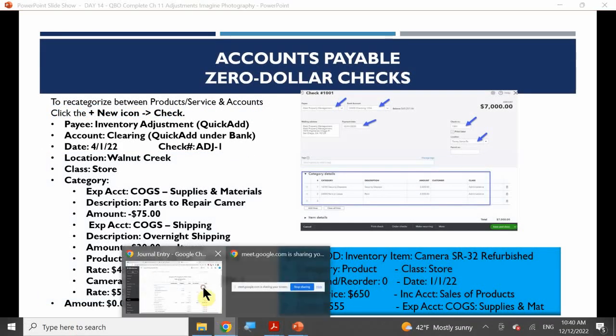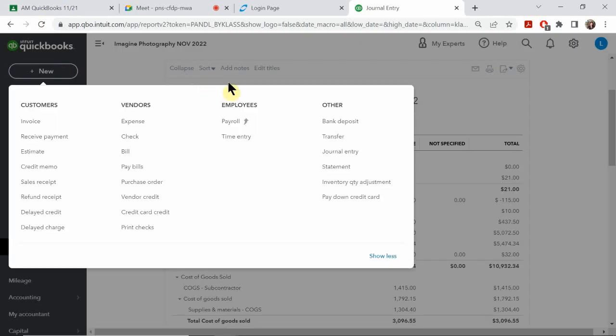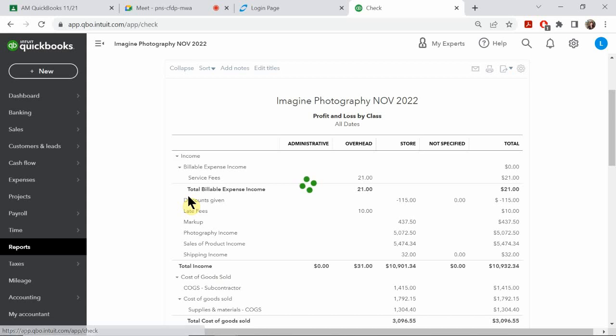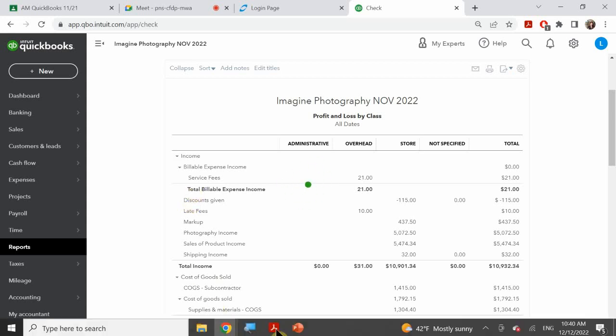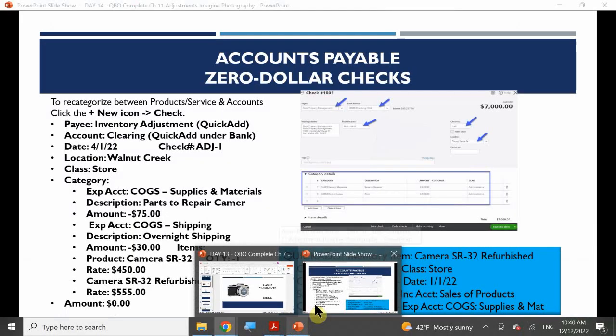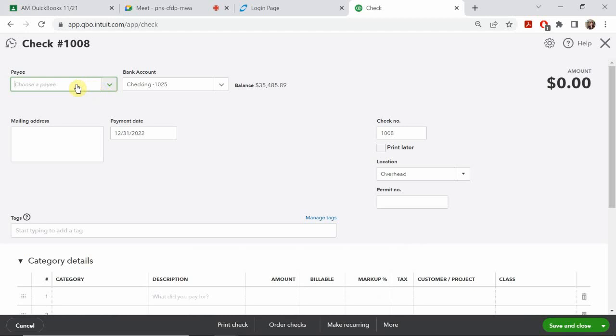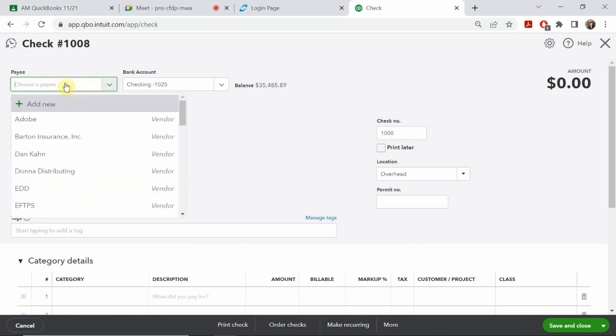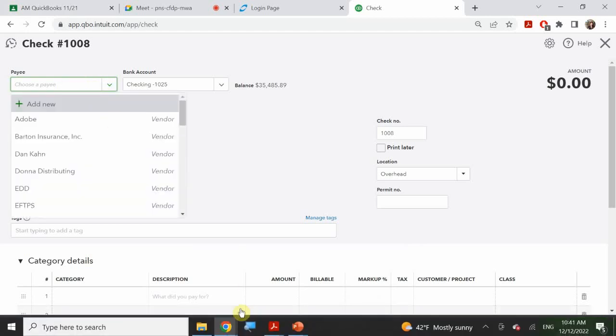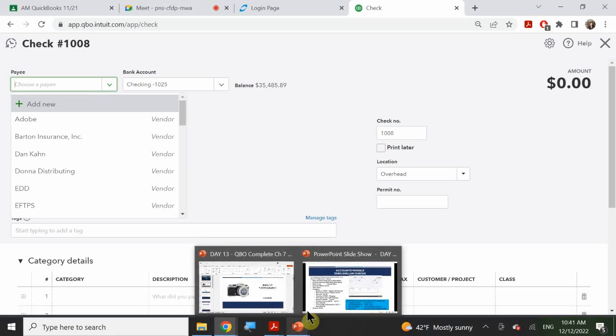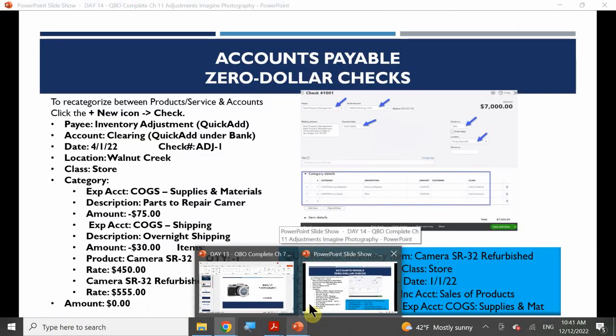So once again, we're going to go to our $0 entry here, by going to check, okay? So we're going to code this for April 1st, 2022. Okay, so remember the person we're going to pay is going to be called the adjustment. We're going to make it pay to inventory adjustments.